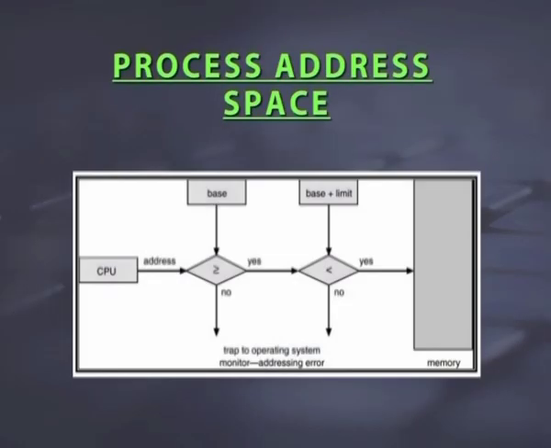If a process tries to cross its address space boundary, the system intercepts the address space violation and takes appropriate action. As shown in this figure, the address generated by the CPU, called the logical address, is compared with the base and limit registers to check whether the address belongs to the process address space or not.